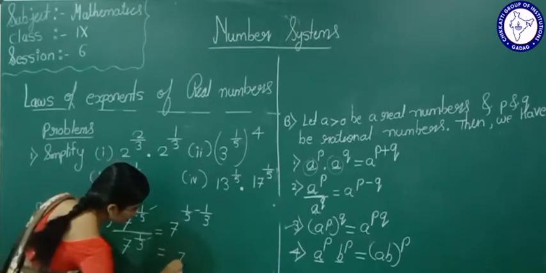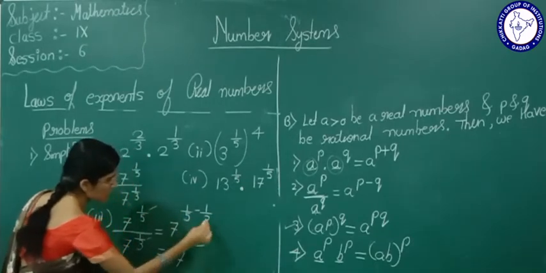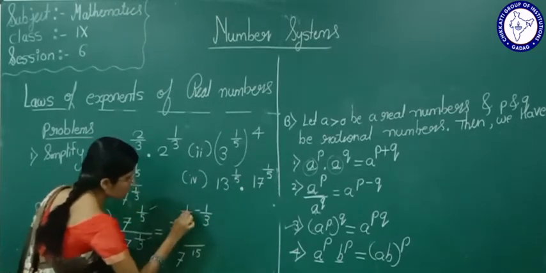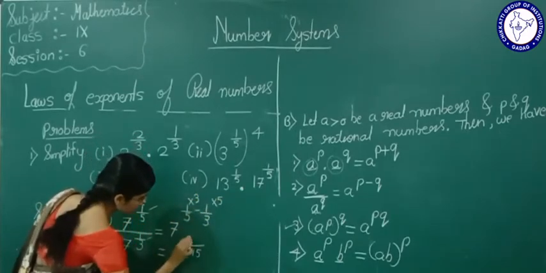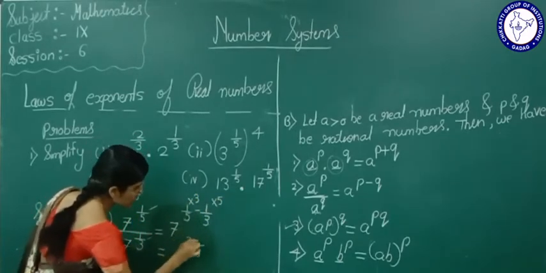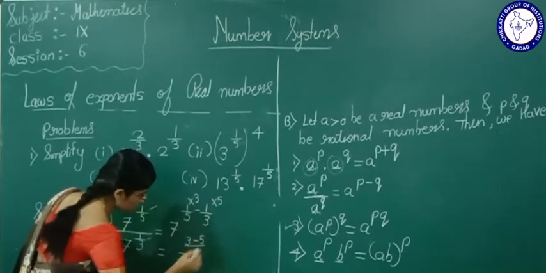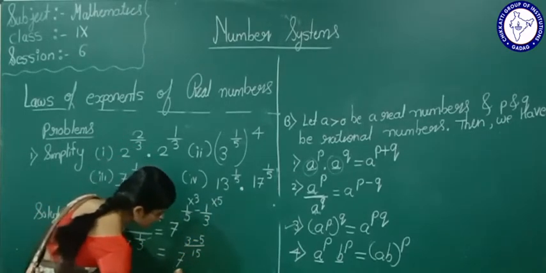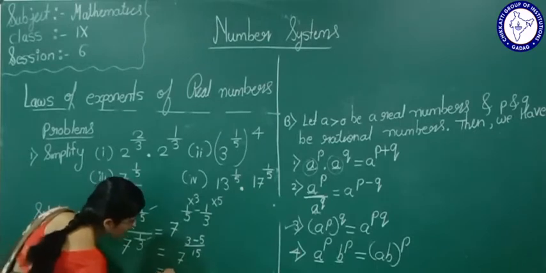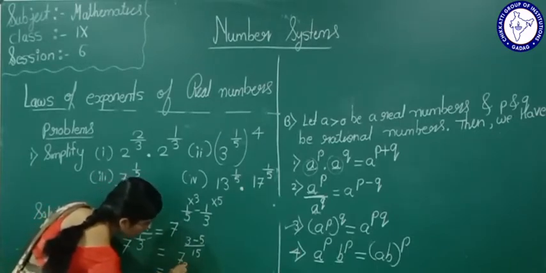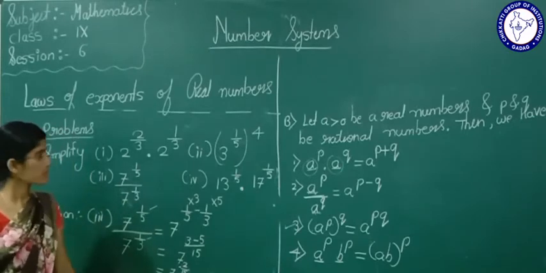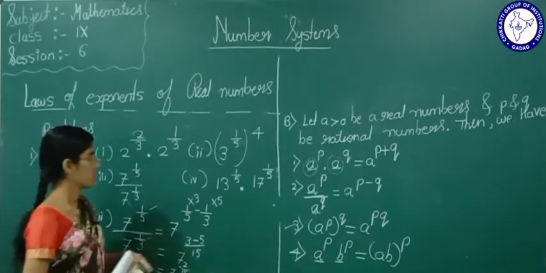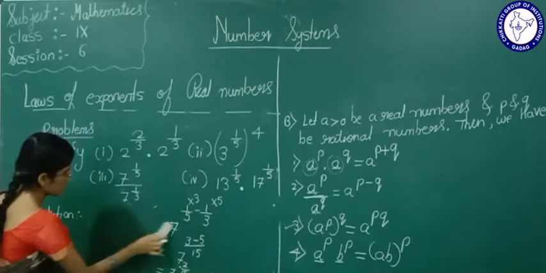Now see, what is the LCM of 5 and 3? The LCM of 5 and 3 is 15. 5 3s are 15, 3 5s are 15: 3 minus 5, that is minus 2. The answer will be what, students? It will be 7 raised to minus 2/15. This is about the third one.